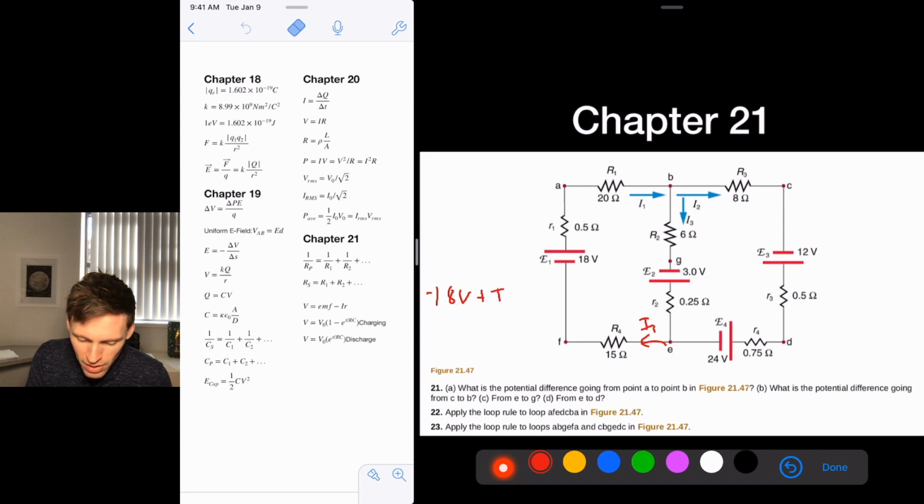So we're going to have plus I1R4, and then as we keep going through, we're going to have I2 flowing around in that direction, so plus I2 little r4, and keep going around. Then we've got another 12 volts, and you just keep adding those things up.